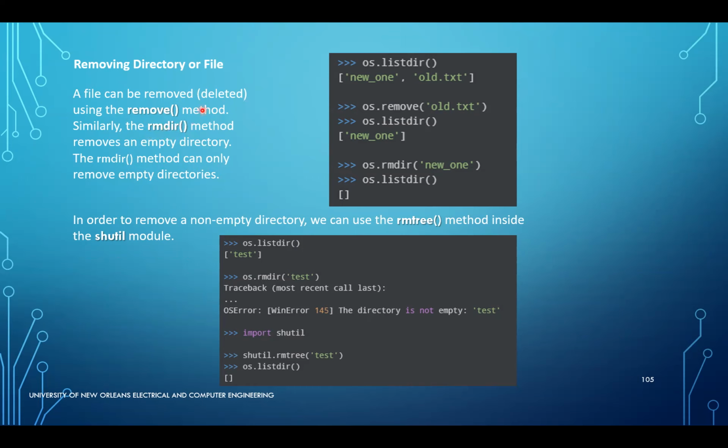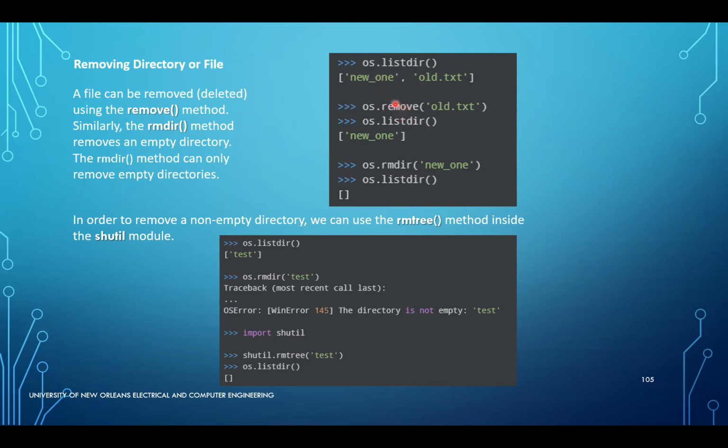But in any case, in this example, just to see what directories I have, I'm using listdir to see what I have under this path. And I have two, one called new, one called old.txt. One is a file, one is a directory. So I want to remove the file.